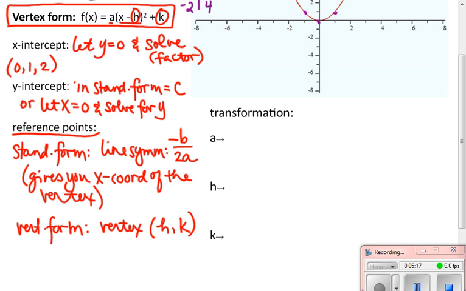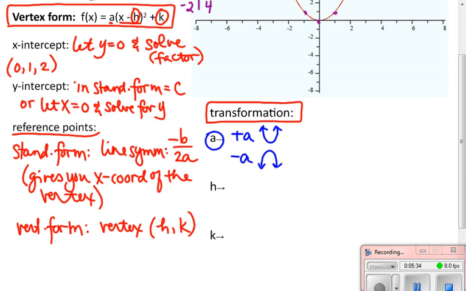And notice that minus sign. So what transformations happen? So a tells you a couple of things. Positive a tells you it opens up. A negative a, it opens down. That's the first thing that a tells you.